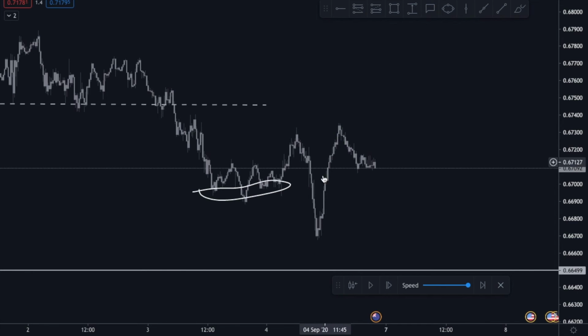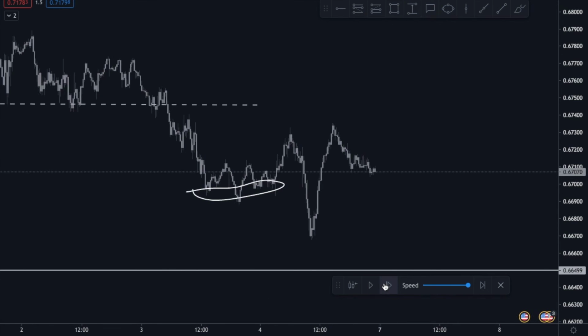So after this 100% retracement, I'm looking for some indication that the sellers are dying off.